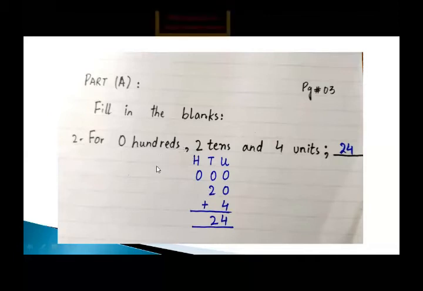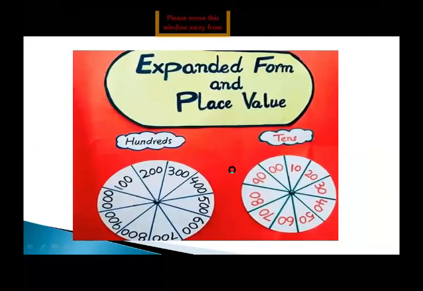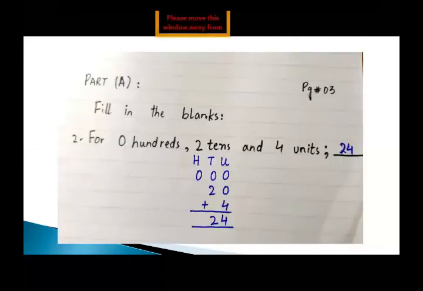Okay, look into your books, page number 3, exercise 1.2, part A, question number 1. For 5 hundreds, 0 tens, and 5 units, what do you have to do first? Question number 1, okay? 500 means 5 0 0.